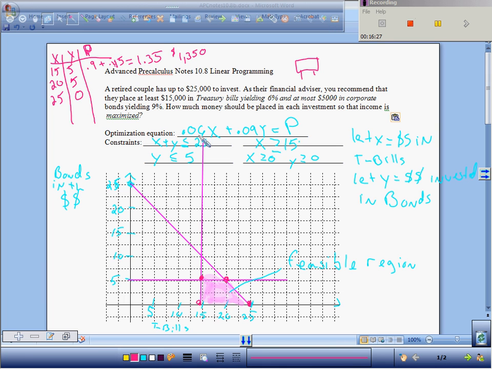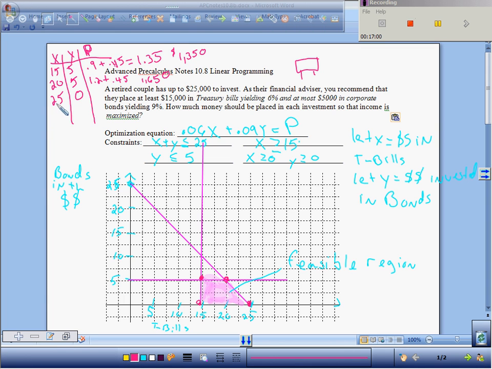Using this point, I get 20 times 0.06, which gives you 1.2, and 5 times 0.09, which is again 0.45. Sorry, it's so squished. So I get 1.2 plus 0.45, which gives you $1,650.